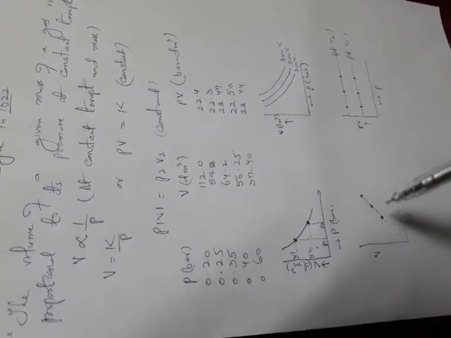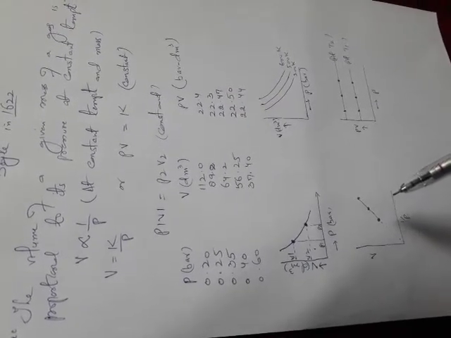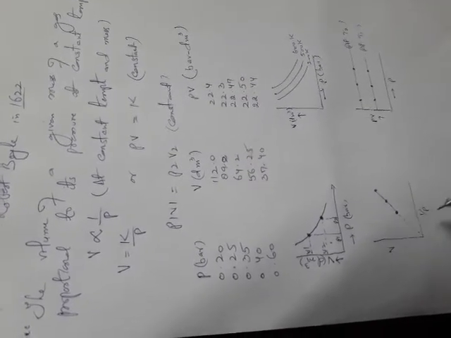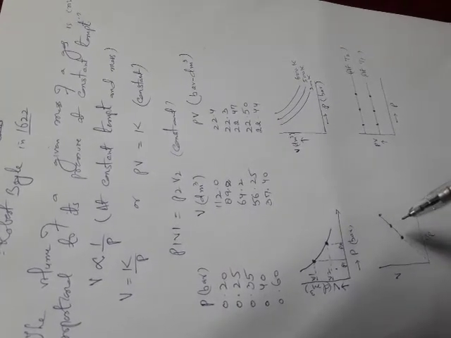You can see it is a straight line which, on extrapolation, passes through the origin. This shows volume is directly proportional to the reciprocal of the pressure.